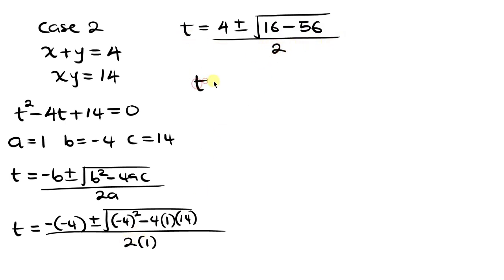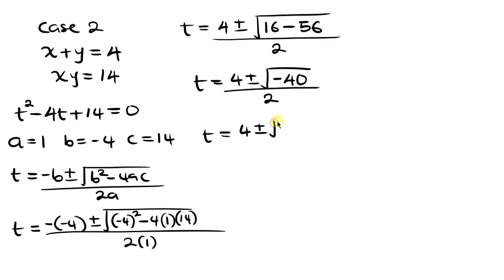So t now becomes 4 plus or minus the square root of, now 16 minus 56 is -40, all over 2. Now let's simplify the square root of -40. So this becomes the square root of a perfect square, which is 4, times the square root of 10.